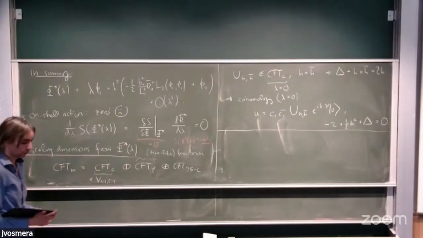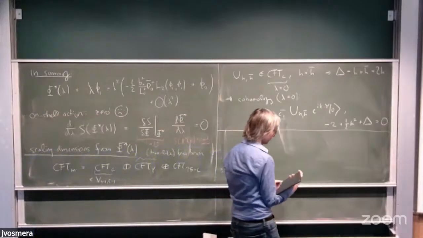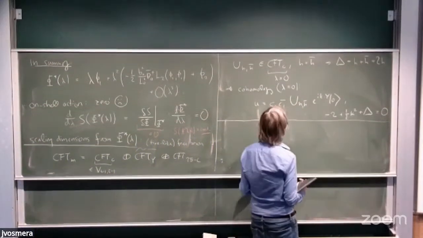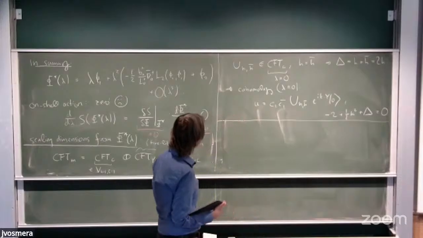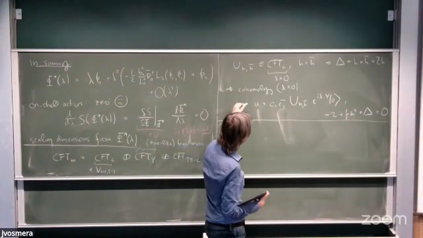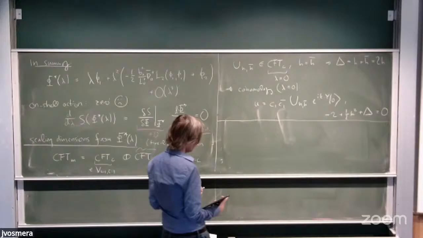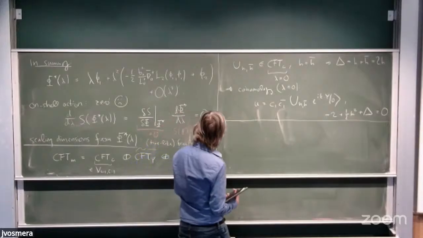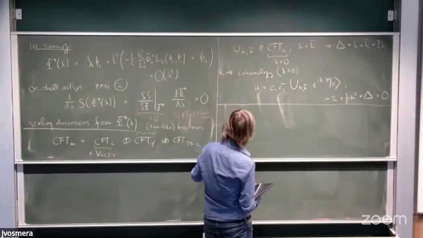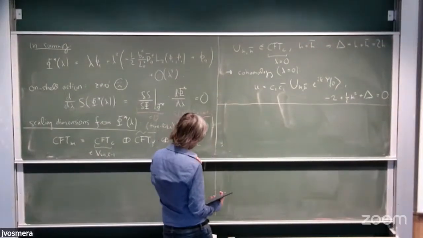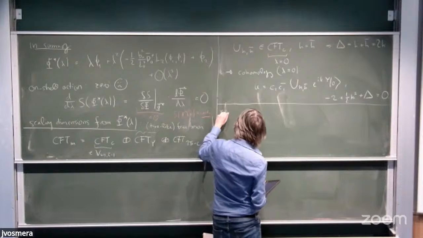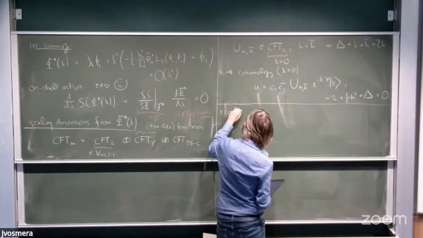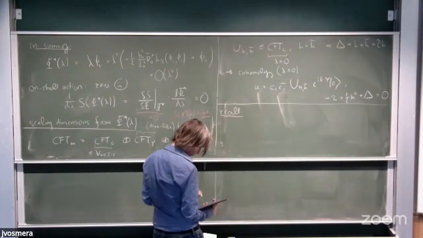Okay, so as I was advertising before the break, given this element of the cohomology at lambda equals 0, we will try and first construct an element of the cohomology for the BRST charge of the action expanded around the classical solution. Before I do that, let me recall what that BRST charge was.